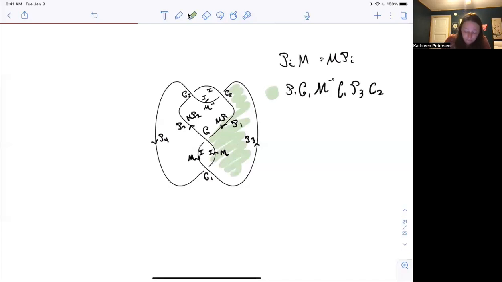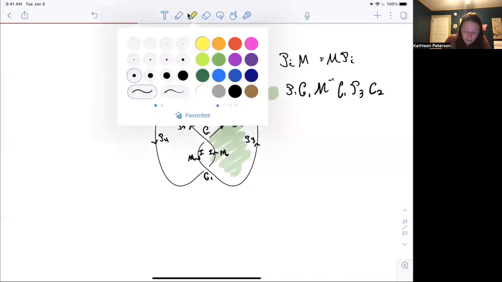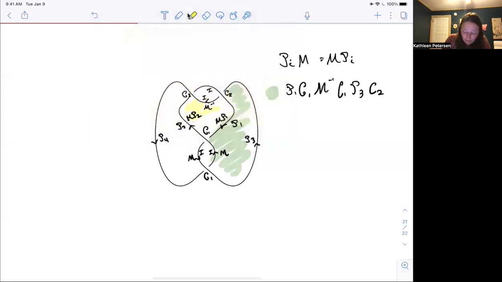And now we just have two other ones. Let's do this yellow region here. For the yellow region, again, I'll pick a starting point. How about I start right here? So I get M inverse because M inverse agrees with the direction. C2. MP2, but I'm going the wrong way.